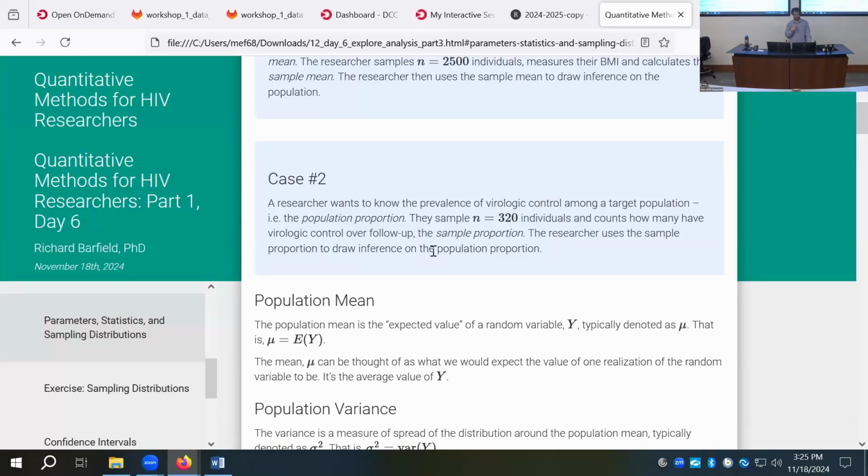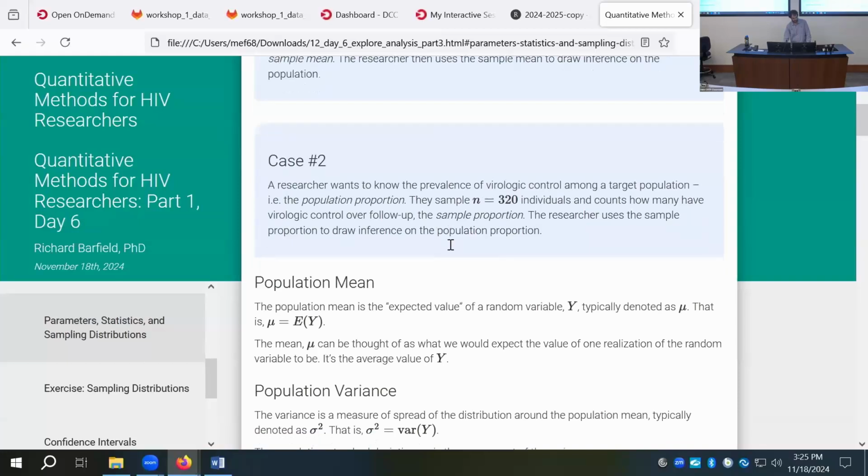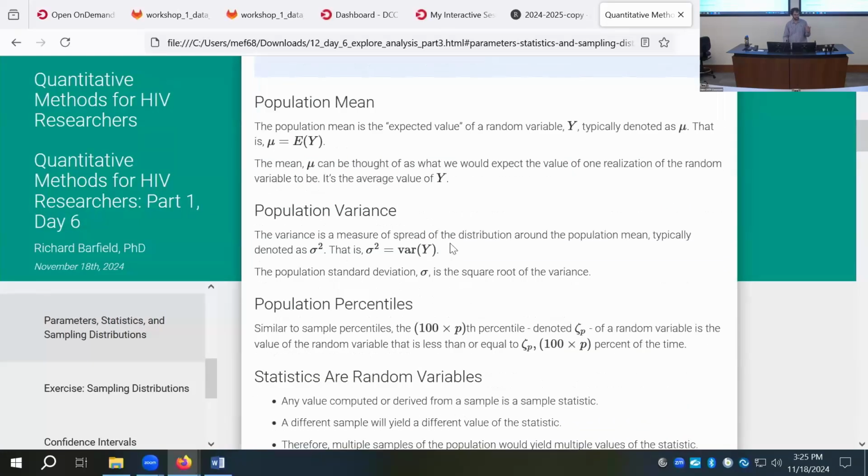As we talked about, the population mean is usually defined as the expected value of some random variable, typically denoted as mu. And the population variance is sigma squared, which is the variance of y.